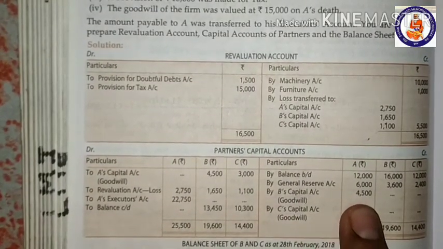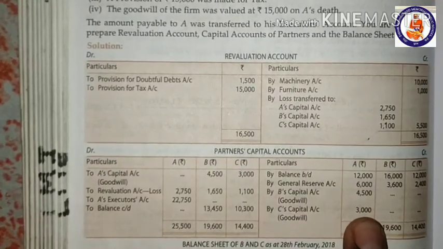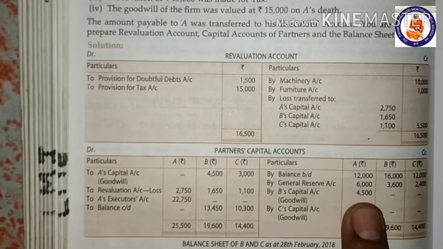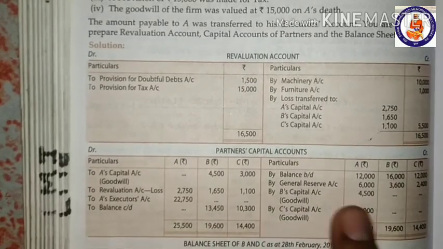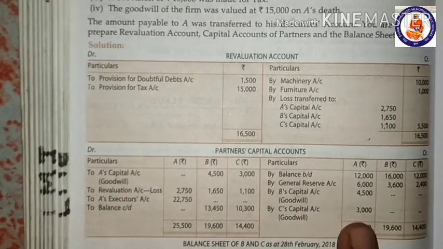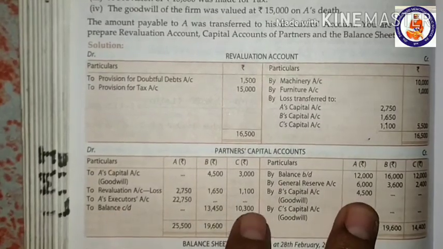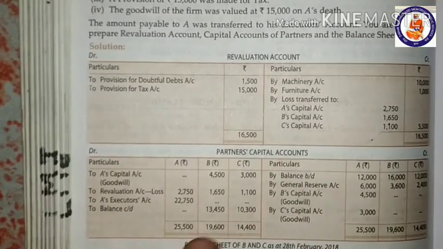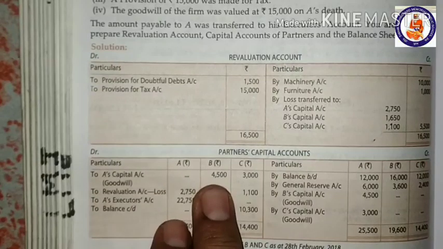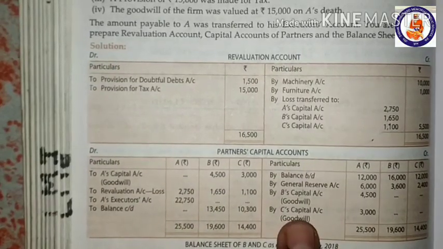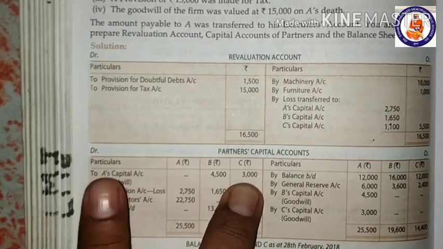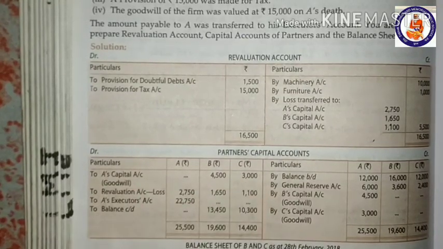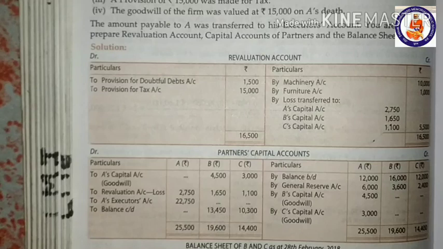It comes to 4,500 and 3,000. 4,500 will be borne by B and 3,000 by C. So B's capital account will be debited with 4,500, and C's capital account will be debited with 3,000, by transferring it to A's capital account.